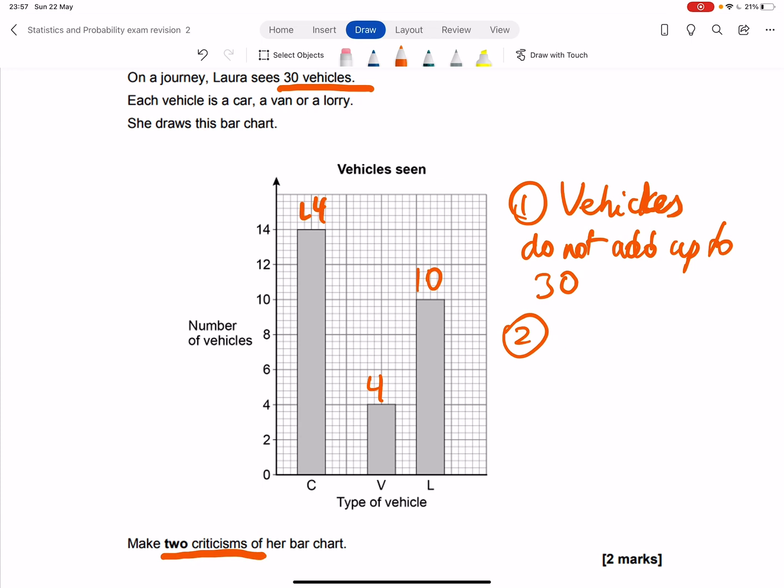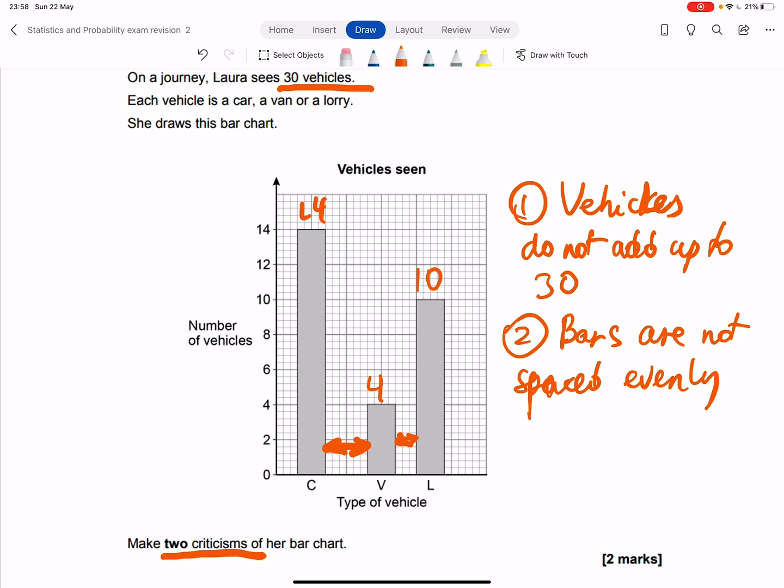Second could be that you see the bars are not the same distance from each other. The first two are a bit further away from each other compared to the second and the third. So what you can write here, the bars are not spaced evenly.